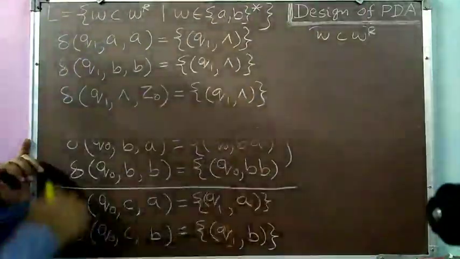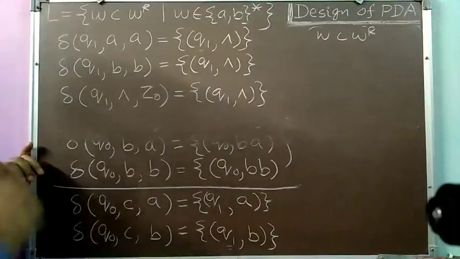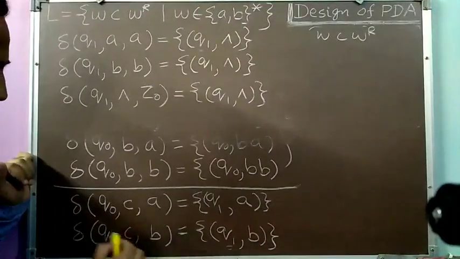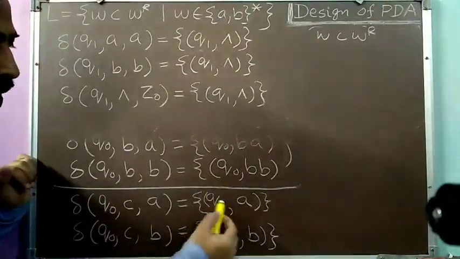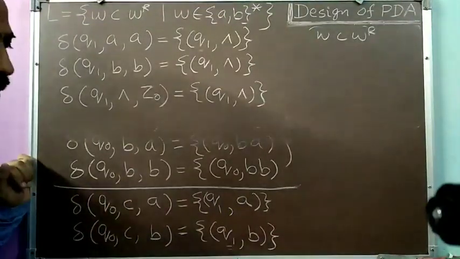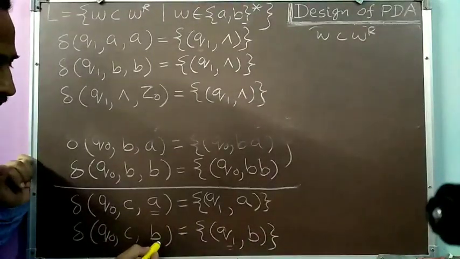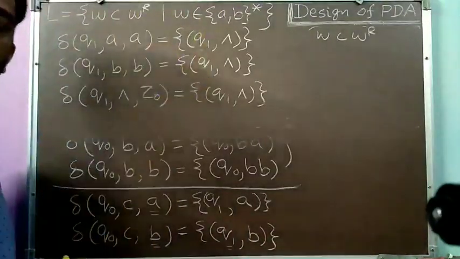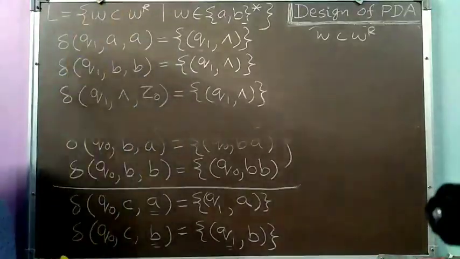Now in this whole discussion, we have left one situation: when we have consumed this C and moved to the state Q1. This we have done in the situation when on the top of the pushdown store is either A or B. This A and B has come on the top of the pushdown store only in the situation when W is not empty.